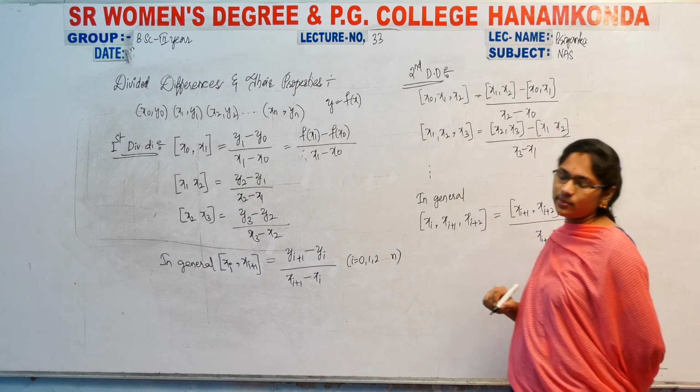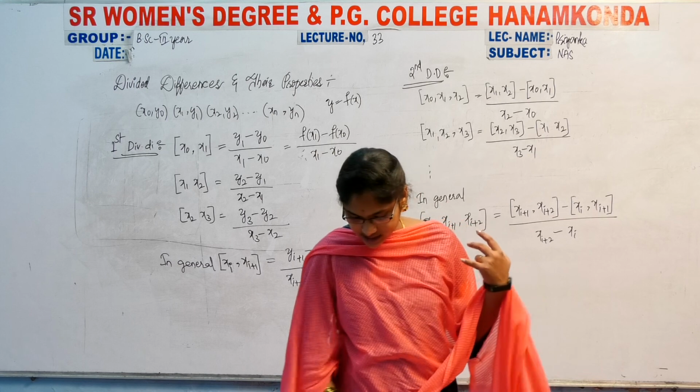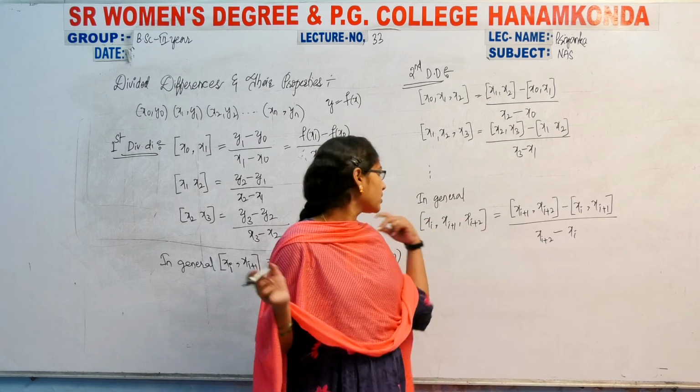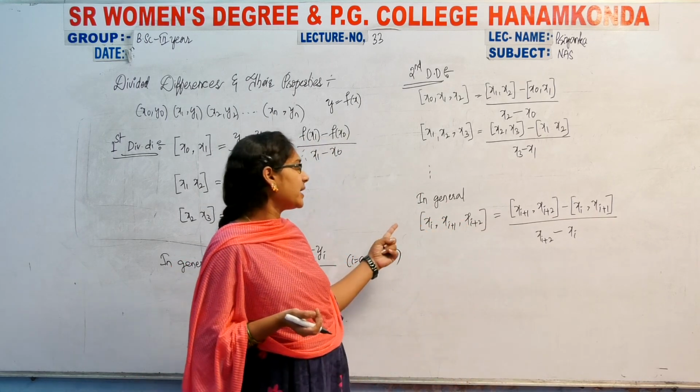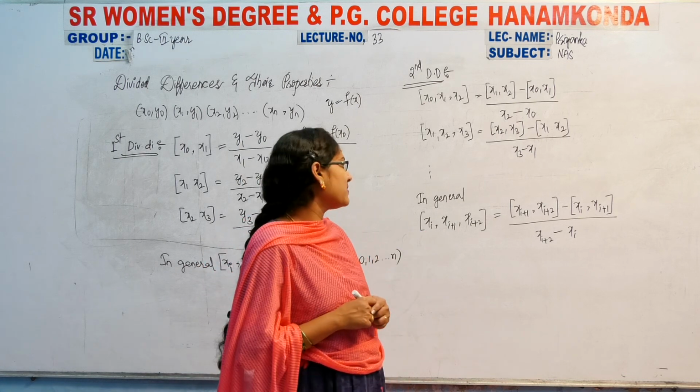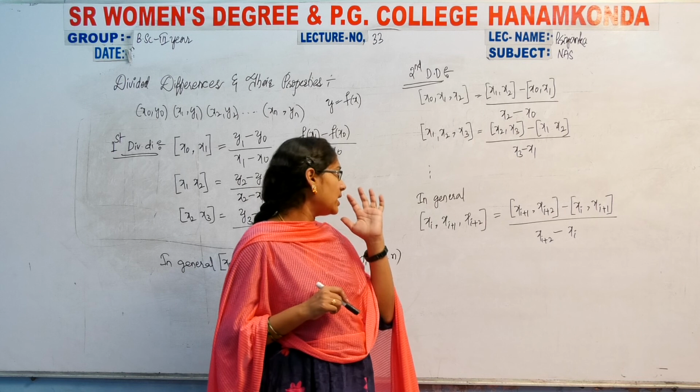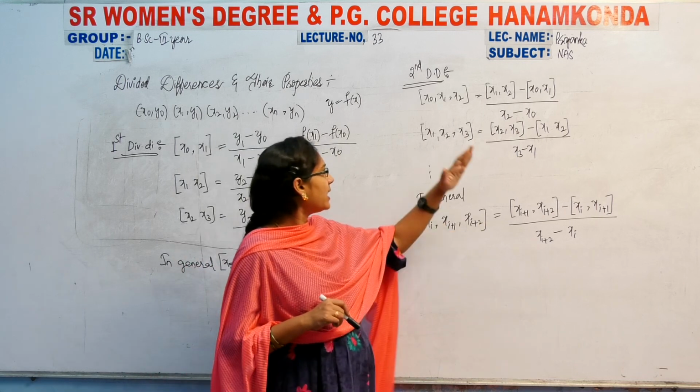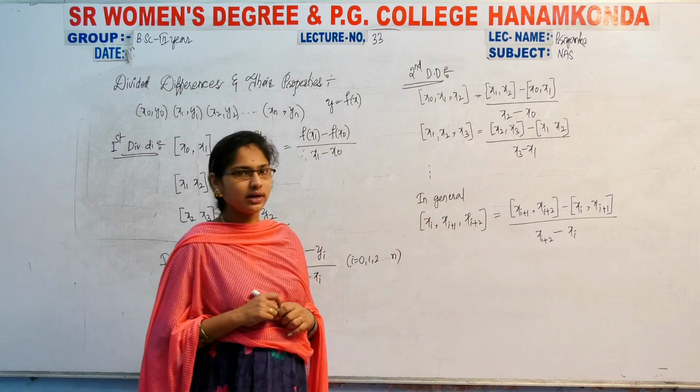So this is nothing but the general formula for second order divided differences. Like this we take the formulas, and you can take up to xn also.